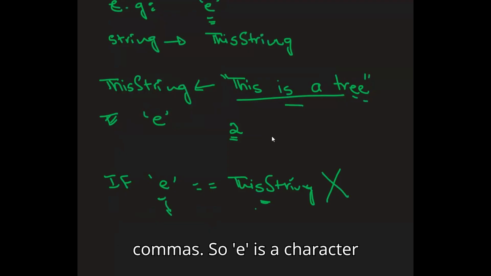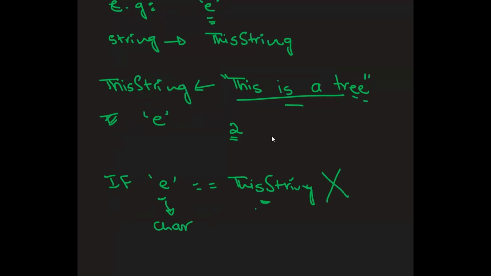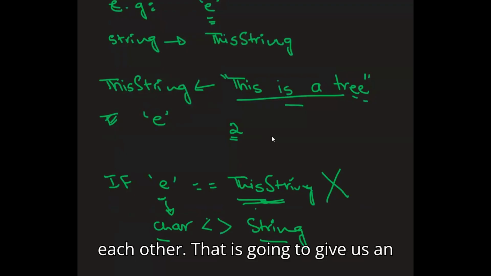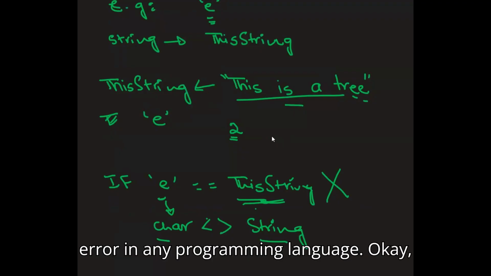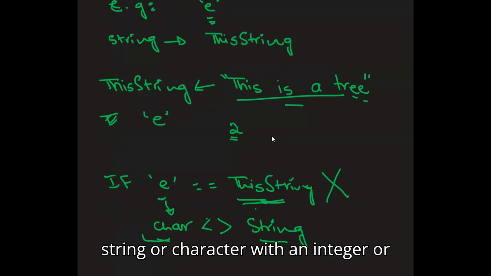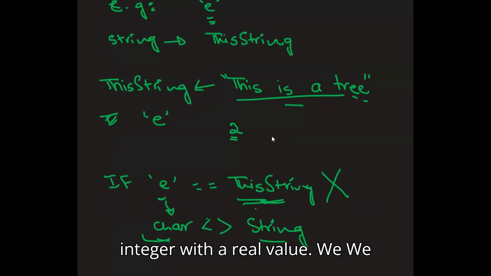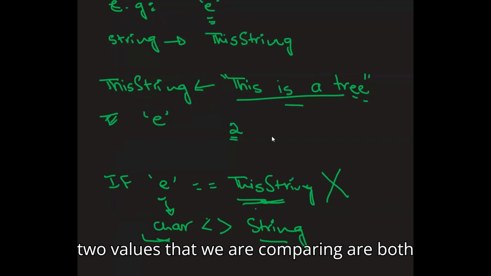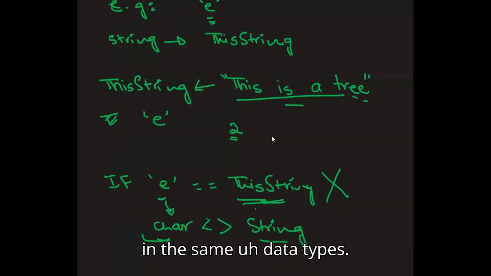These are two different data types, and we can never compare two different data types with each other. That is going to give us an error in any programming language. We cannot compare a character with a string, or a character with an integer, or an integer with a real value. We need to make sure that the two values we are comparing are of the same data type.